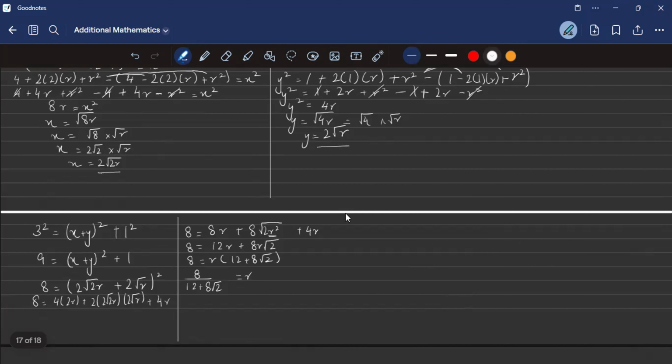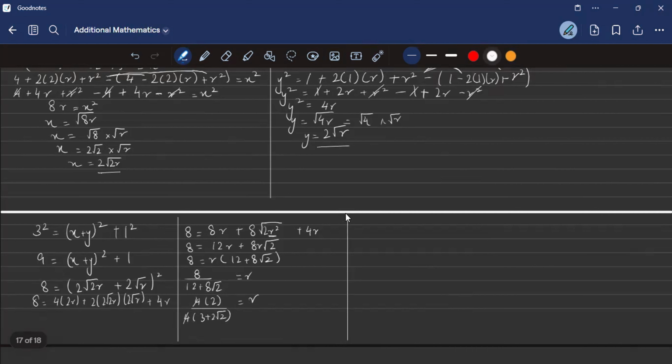And before we rationalize the denominator, I would like to simplify this, because if we take 4 as the common factor, 8 divided by 4 times 3 plus 2 under root 2, and this can be cancelled out. So 2 divided by 3 plus 2 under root 2 is equal to r.